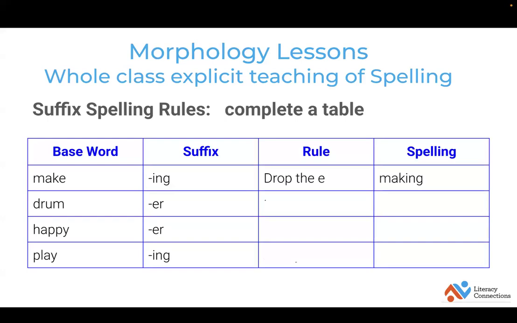Drum: that is the 111 rule, so we need to double the M. Happy: we've got a consonant before the Y, so we need to change the Y to an I. And play: that's when we're working with a Y word again, and we've got the vowel before Y, so we hold on to the Y in that case.